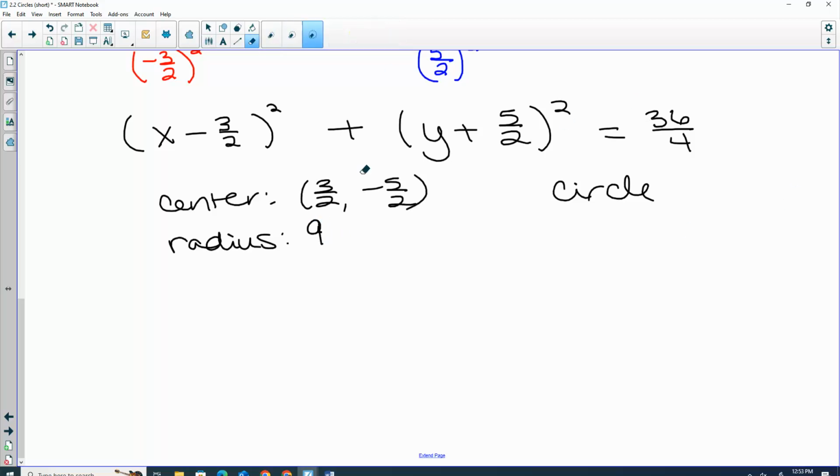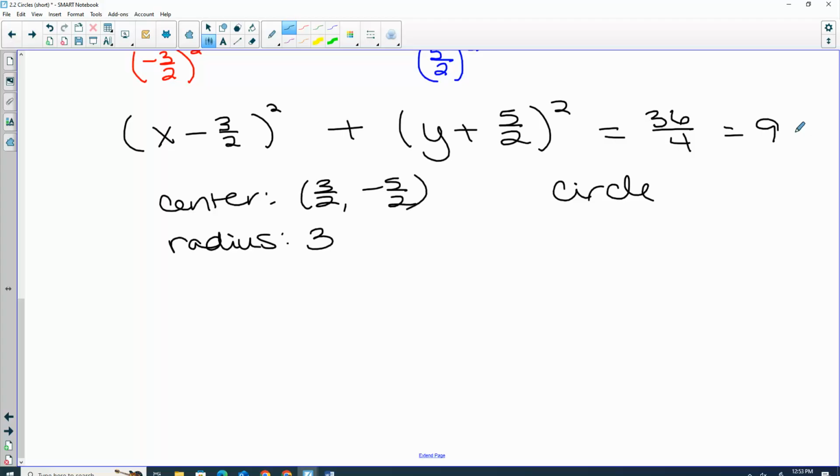So it turns into 9, and the square root is 3. Any questions there? Let's do one more for sure.